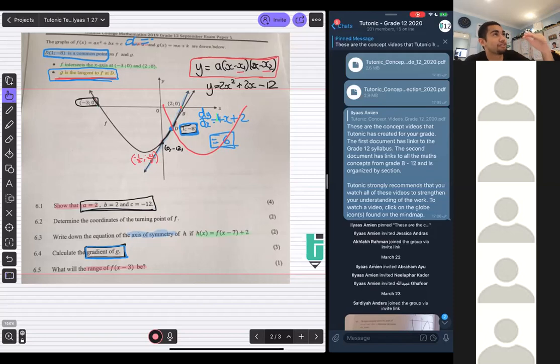The definition of range is all the y values that exist on the graph. Okay? So what they're trying to get you to understand is that if you shift it to the right or to the left, are the y values changing?